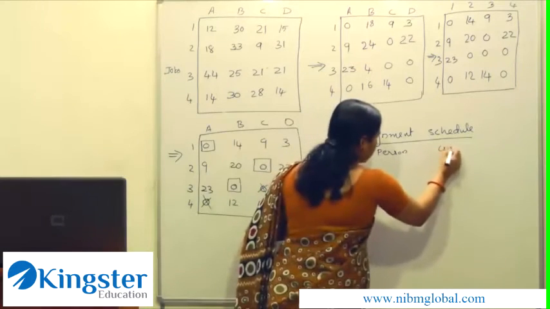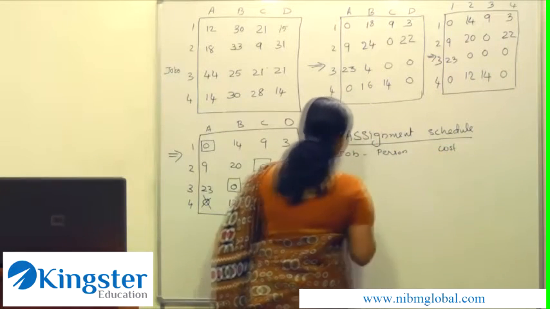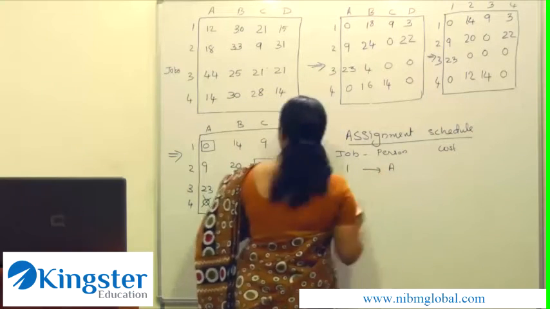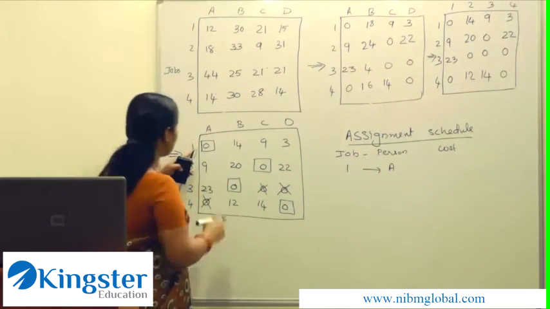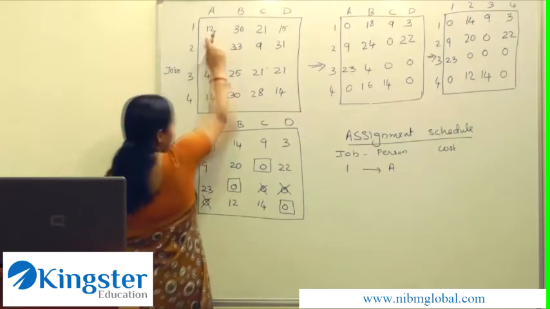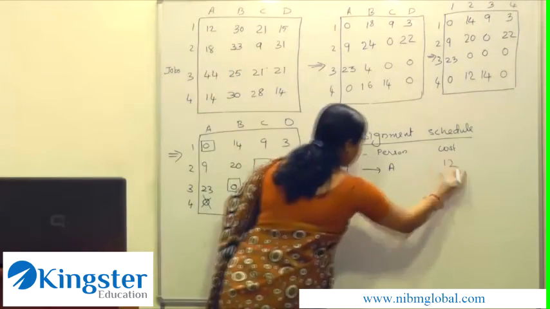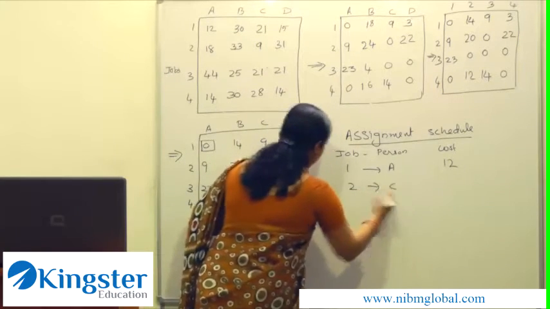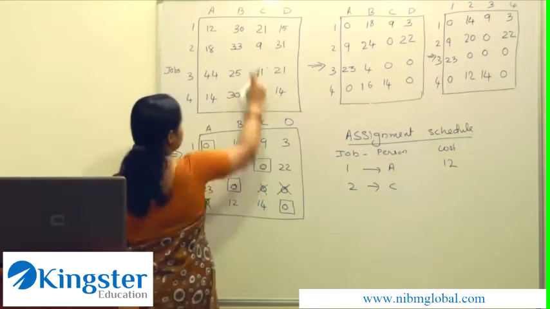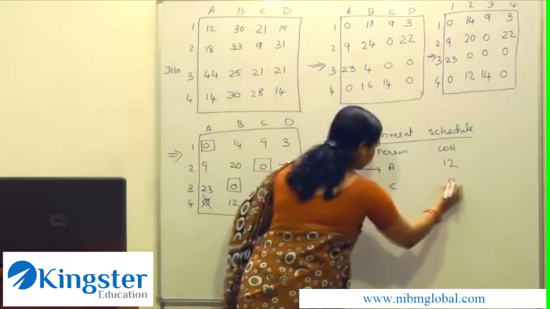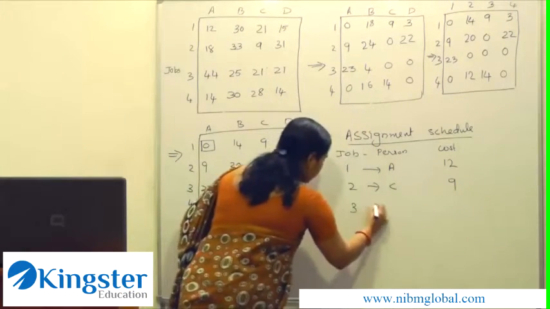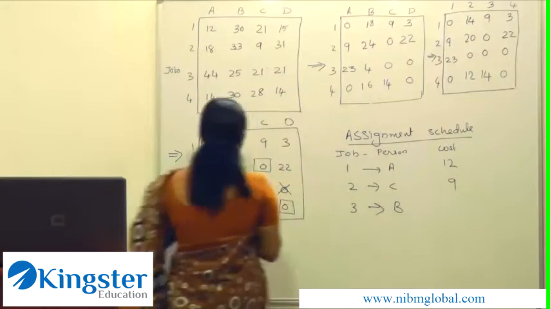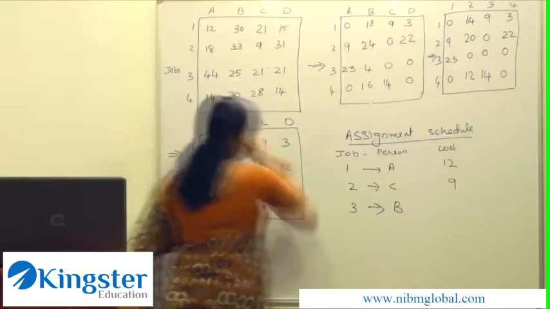And we can write the corresponding cost here. So job 1 is assigned to A, and the cost of assigning the first job to A is 12. Second job is assigned to C, and the cost of assigning this is 9. Third job is assigned to B, and the corresponding cost is 25.